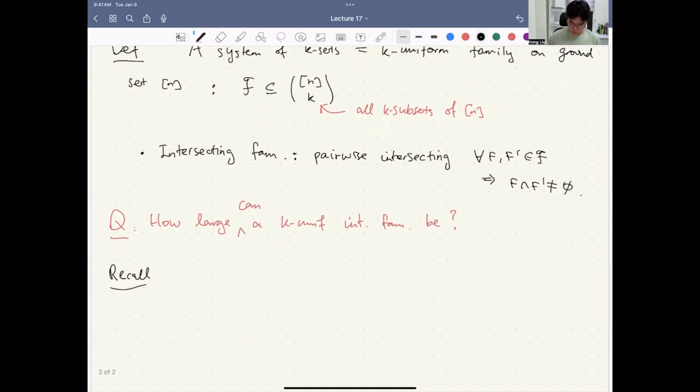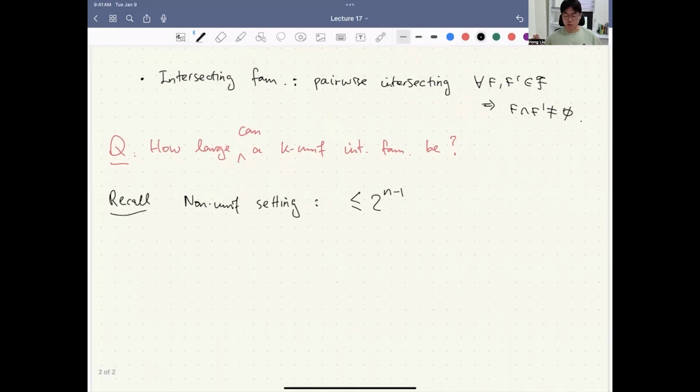So recall, in a non-uniform setting, we know this is at most 2 to the n minus 1, and all the maximal size families have to be the same as those of maximum size, which is 2 to the n minus 1. That was an exercise. Things are different here. Maximal size and maximum size are different, but that's something for later. Let's first look at what's the maximum size.